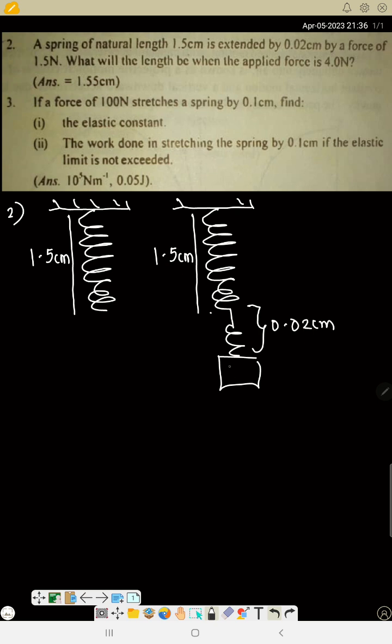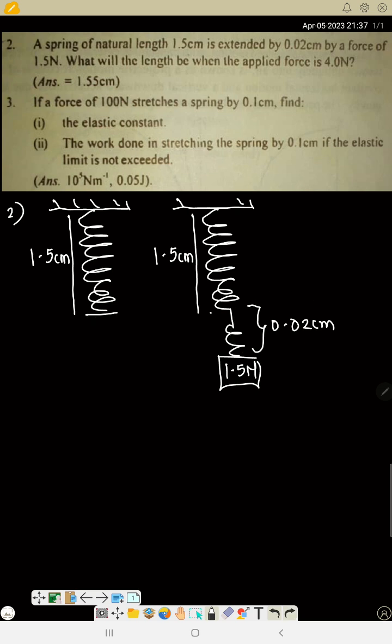So if I apply a load of 1.5 Newton, so that is a spring of natural length 1.5 centimeter extended by 0.02 centimeter by a force of 1.5 Newton. So meaning if you attach a block of 1.5 Newton here, then this spring will stretch by this.